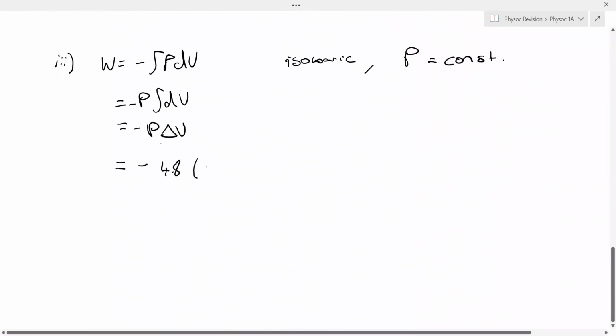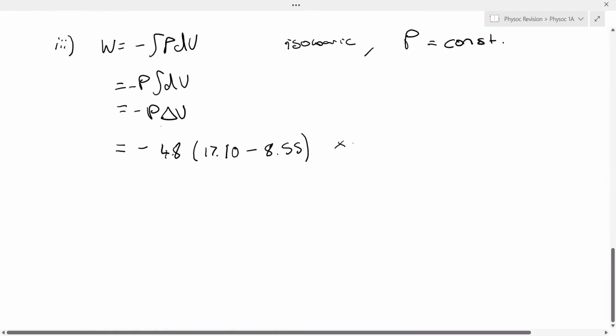This is going to be our volume at B minus our volume at A. We're probably going to have to do some unit conversions, so times 1.01 times 10 to the 5 pascals, and then I believe from liters to meters cubed it might actually be 10 to the negative 3. Yeah, that seems right.